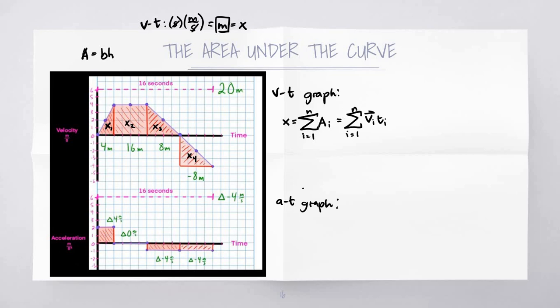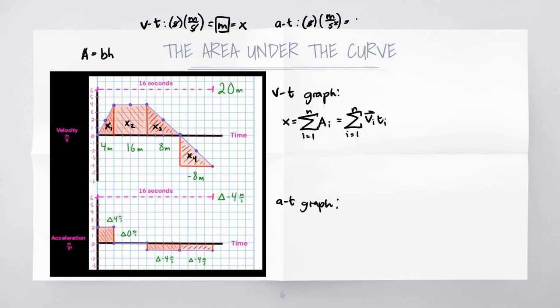Now, how about the acceleration time graph? What is the physical relevance of finding the area under the curve for an acceleration time graph? Again we use the units. For the base, it's seconds, and for the height, it's meters per second squared. As we cancel the unit second, this one is second squared, so we will be left with another second.